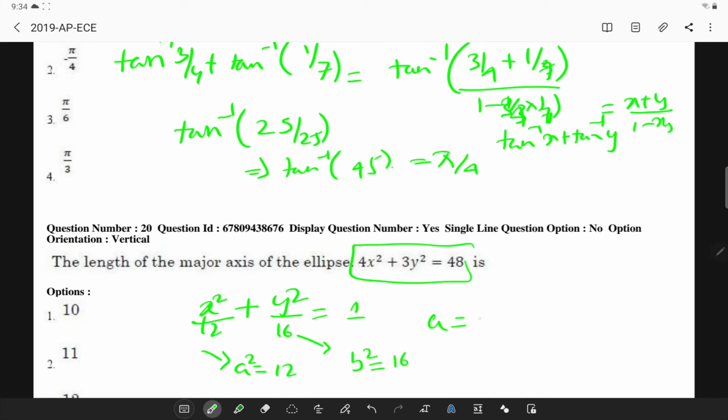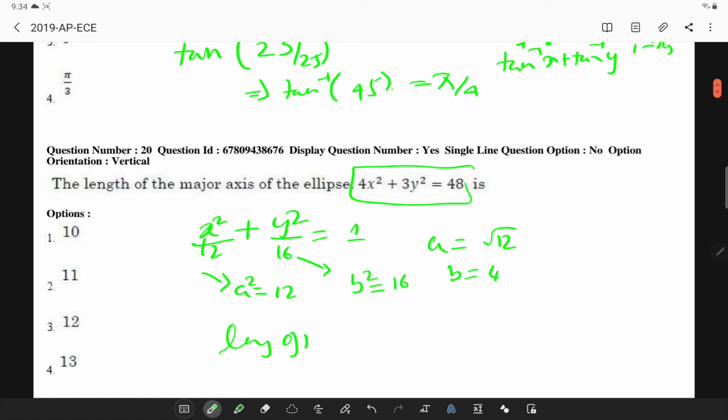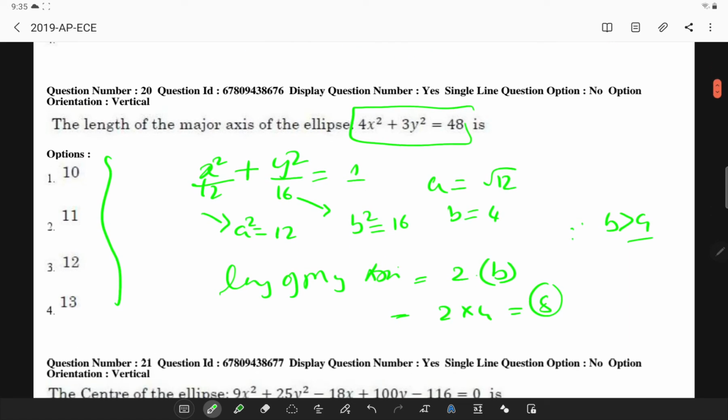The value of a is root 12 and b is 4. In this case the length of major axis is 2 times b, because here b value is greater than a, so it is 2 into 4, which is 8. So we don't have any of the options.